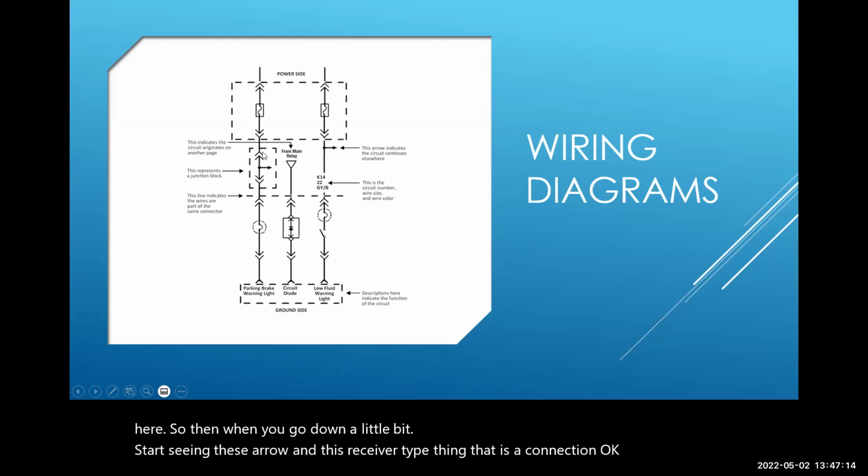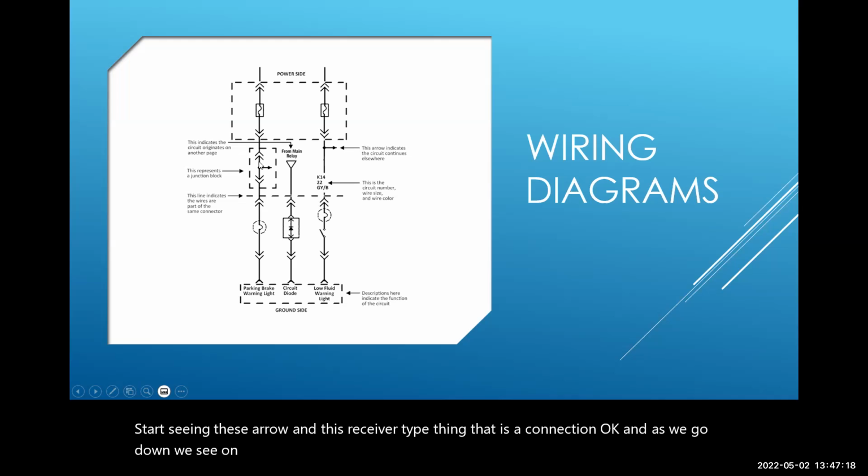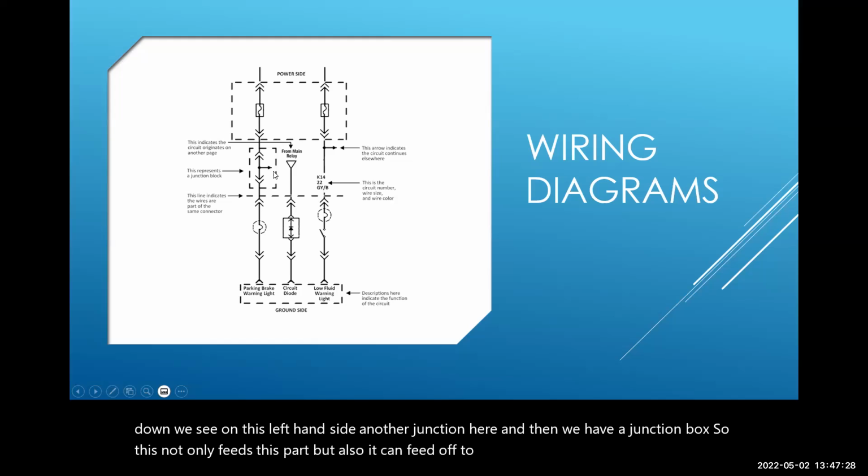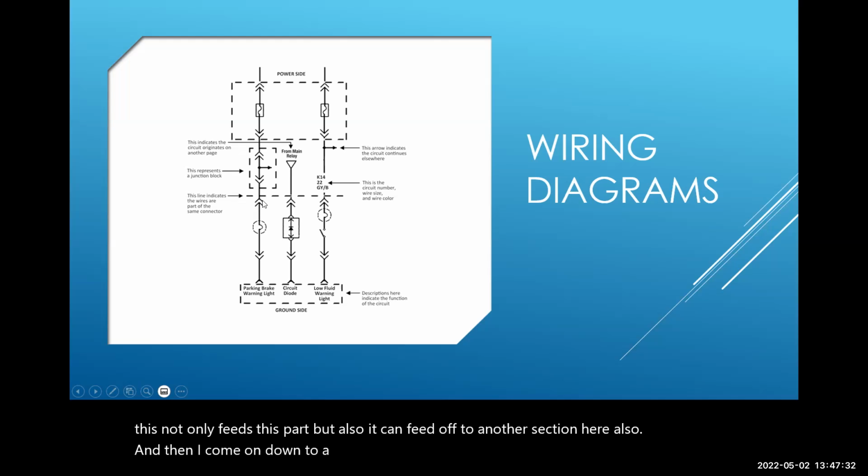As we go down, we see on this left-hand side another junction here, and then we have a junction box. So this not only feeds this part, but it can also feed off to another section. Then I come down to a junction over here, or a connection, I should say. And then I have this symbol.